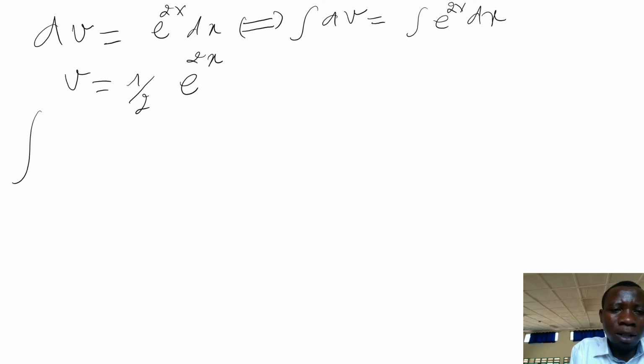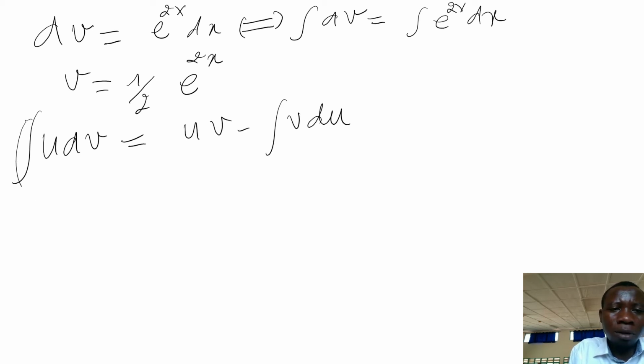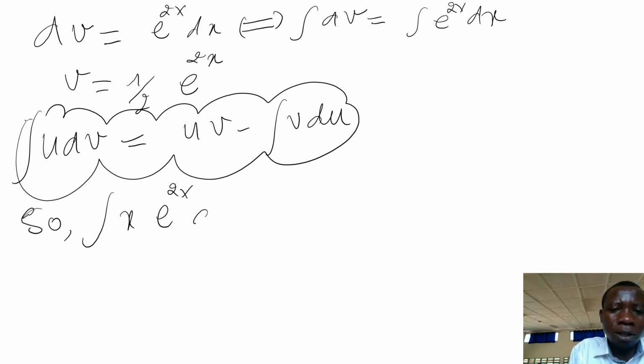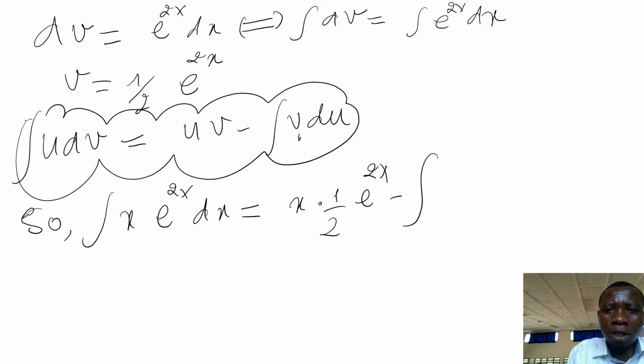So the formula says that the integral of u dv is equal to uv minus the integral of v du. This is the formula used for integration by parts. So I will have the integral of x e to the power 2x dx. I have u, which is x. I have v, which is 1 over 2 e power 2x, minus the integral of v, which is 1 over 2 e power 2x, and du is dx.